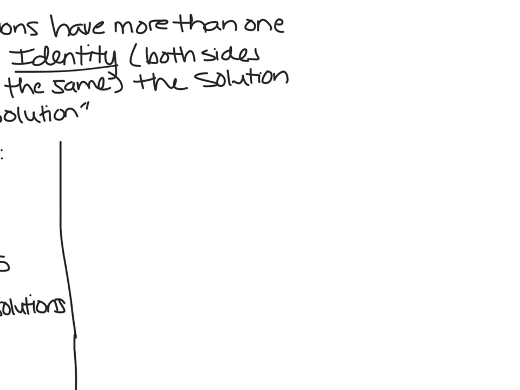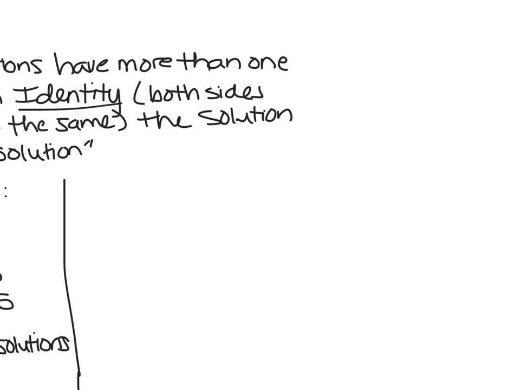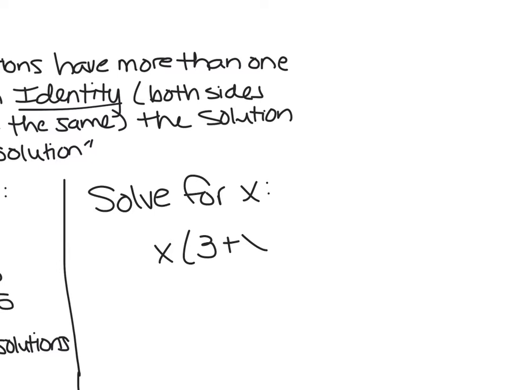For our other example, we are going to solve for x. So this is x times 3 plus x equals 3x plus x squared. So my first step would be to distribute here, use the distributive property we recently learned about.